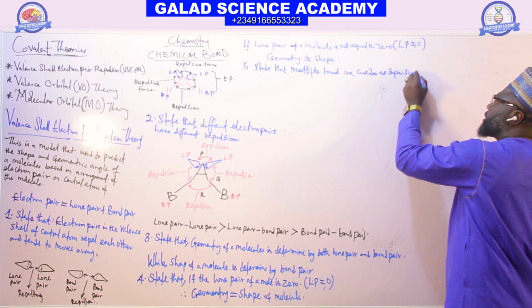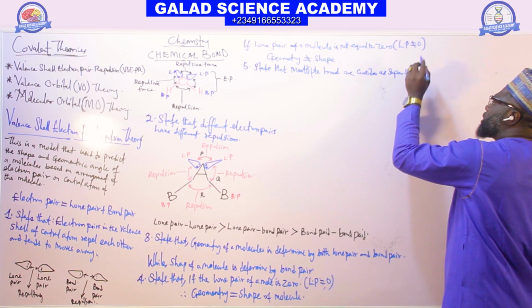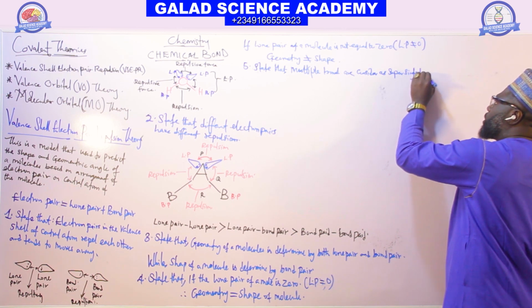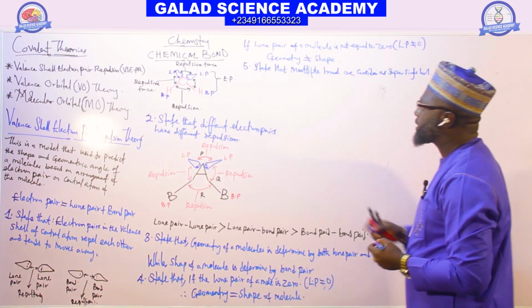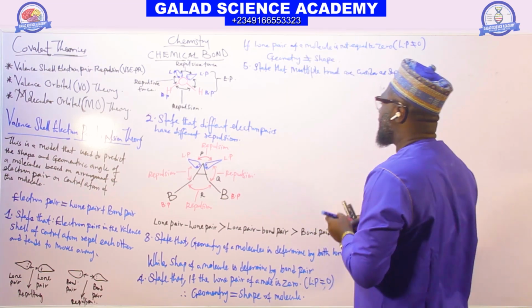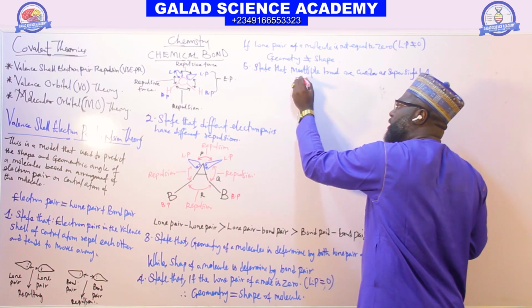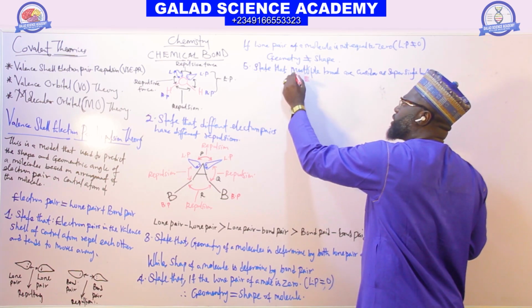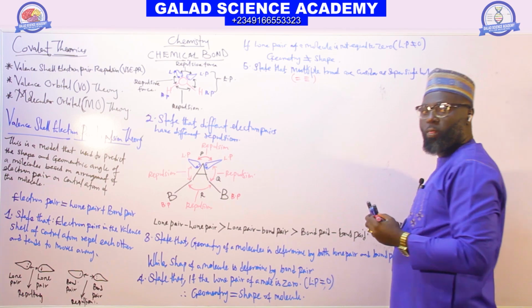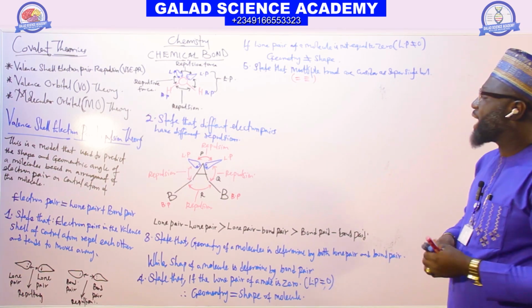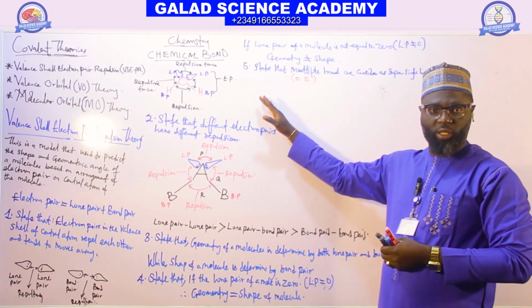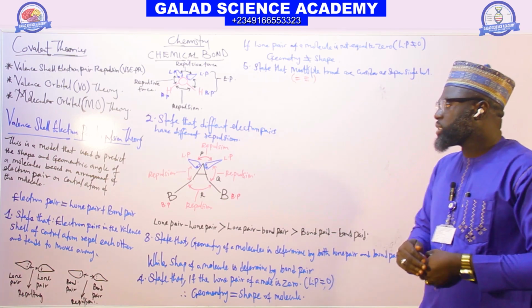That is, multiple bond here simply means that if you have bonds like a double bond and a triple bond, in the shape of the molecule we will consider them as a single bond.